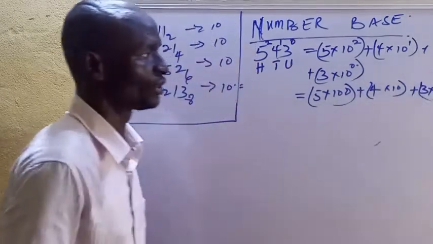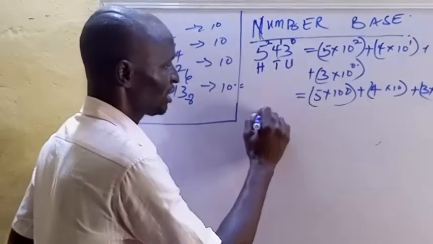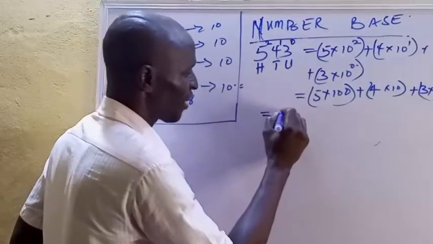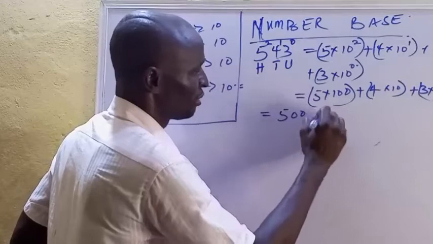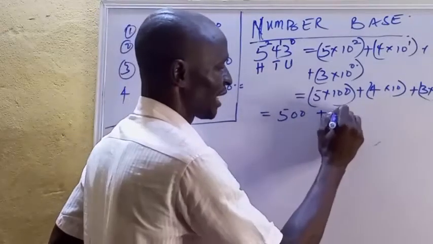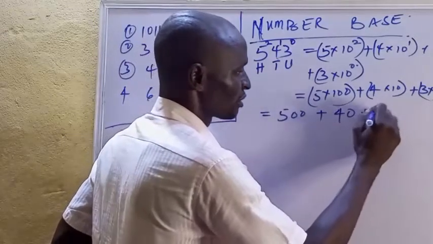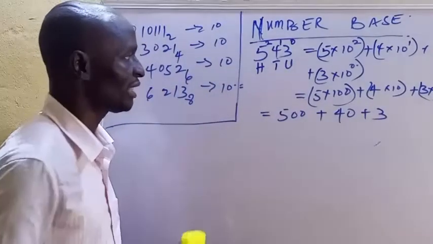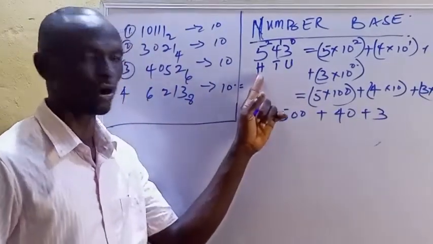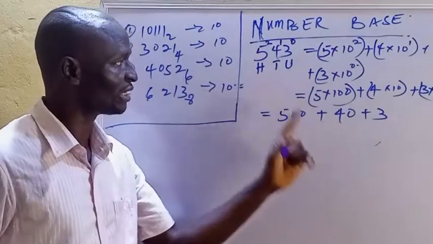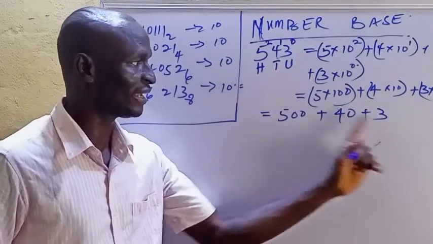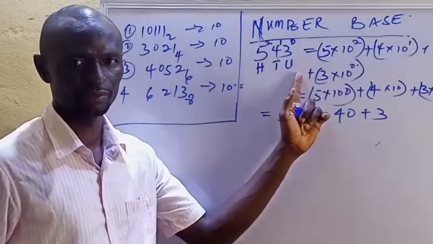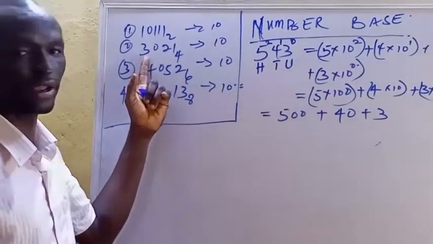Anything raised to the power of 0 is what? Is 1. So this becomes 5 times 100, that's 500, plus 4 times 10, 40, plus 3. Now you can see that my 5 is in the hundreds, my 40 is in the tens, and my 3 is in the what? Units. The same method we transfer down here.